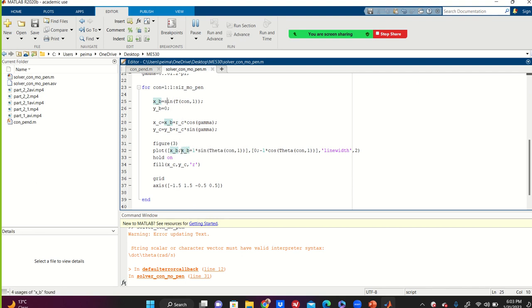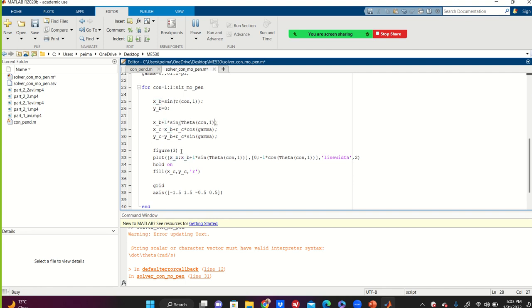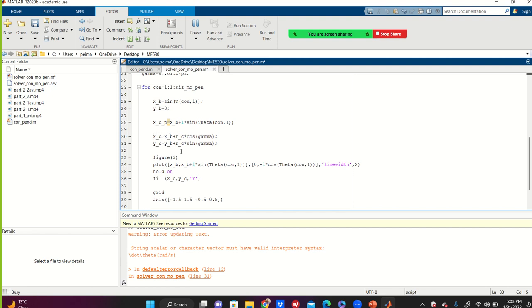X of center, x of center of pendulum. Right? See what I have done? Y of center of pendulum.